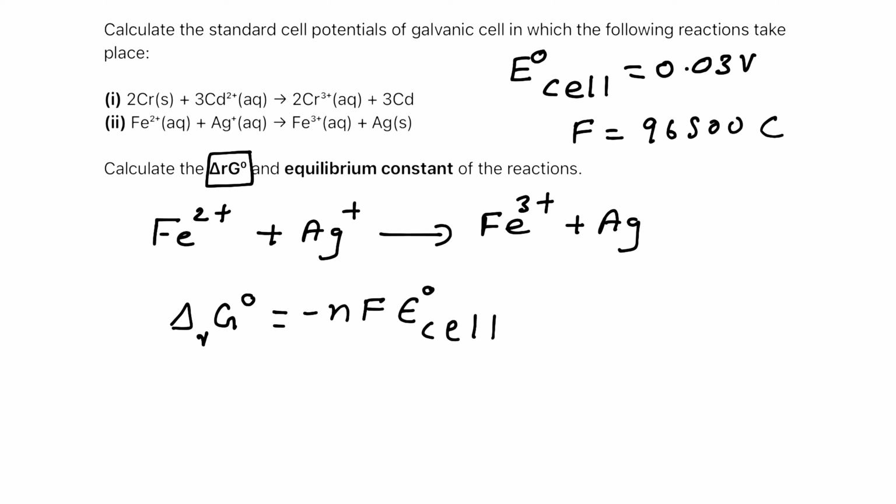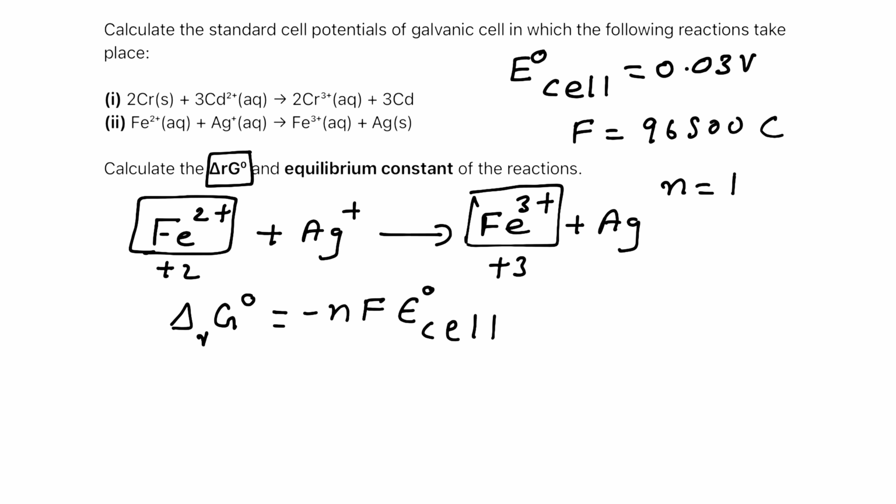Now we have to find N value. For that purpose, either take Fe or Ag. So I choose Fe. What is the charge on LHS? It is plus 2. Now what about RHS? Plus 3. So what is the change of electron? 1. So N value is 1. Easy, right?